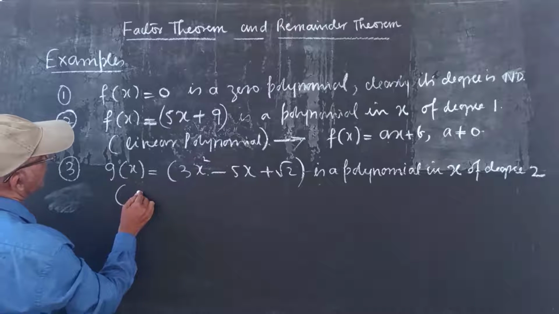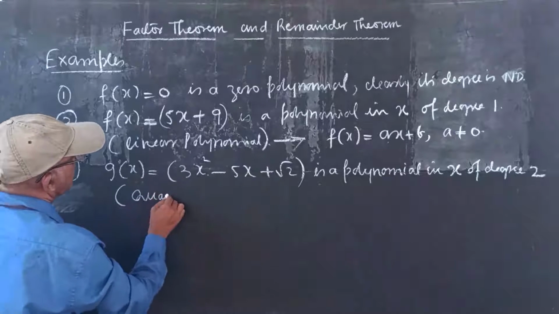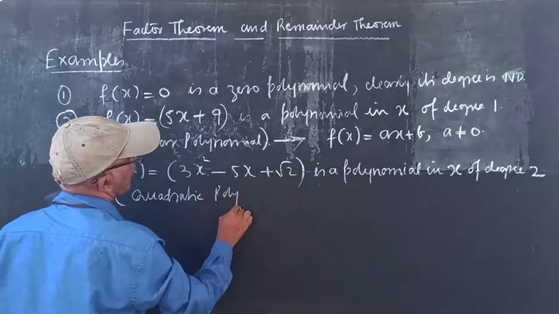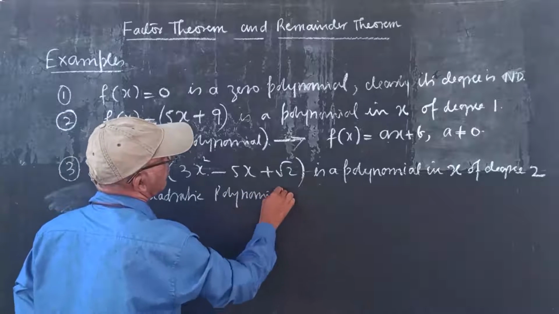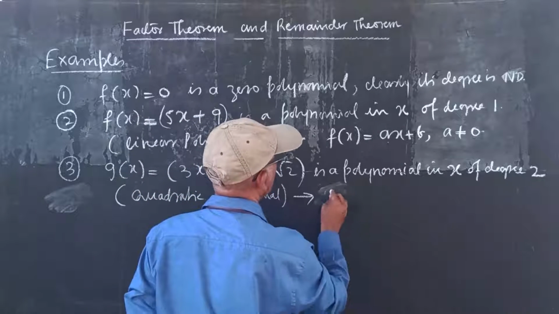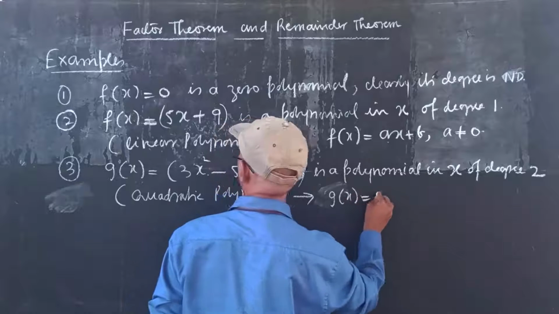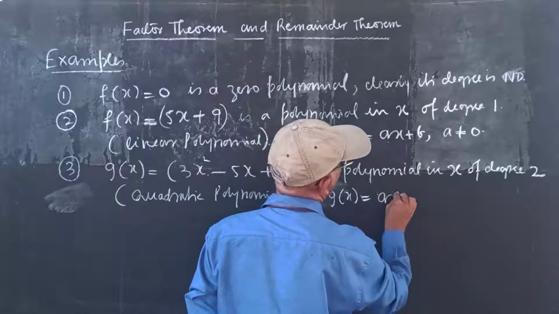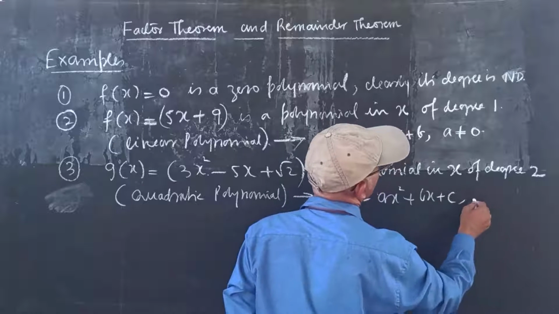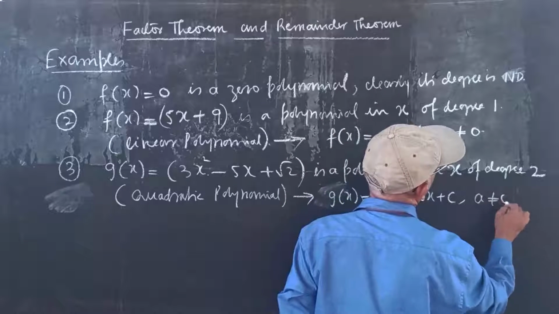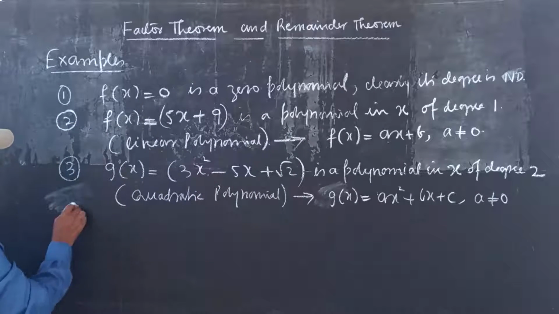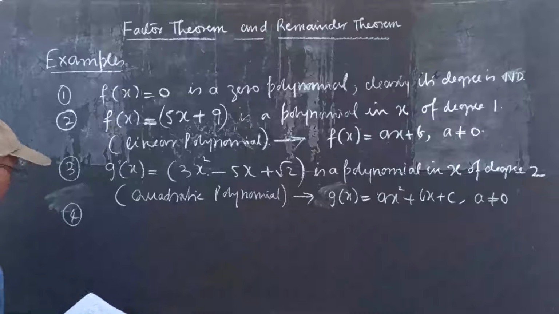It is called a quadratic polynomial. Its general form is g(x) is equal to ax square plus bx plus c, where a, b, c are real numbers and a not equal to 0.